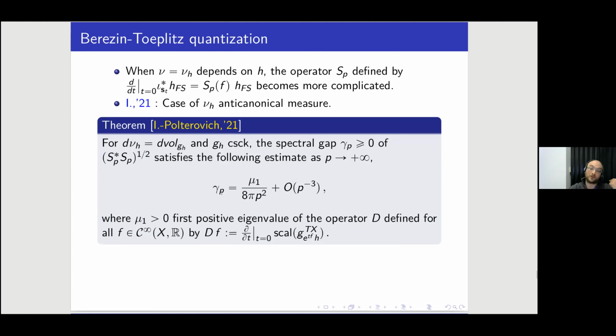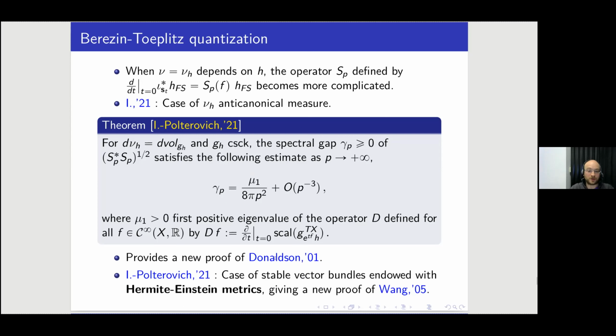So from the point of view of the spectral gap, here it tends much faster to 0, but still there is an irreducible quantum noise which you can control and which allows you to provide a new proof of the first result of Donaldson, which is the hardest one because it deals with constant scalar curvature instead of Kähler-Einstein, which is easier, right?